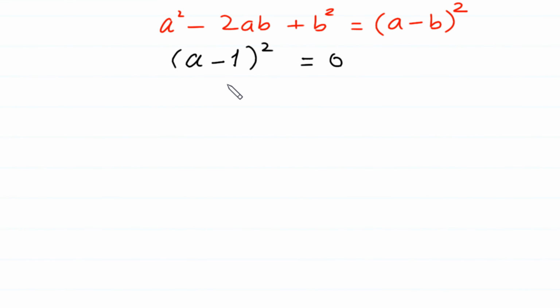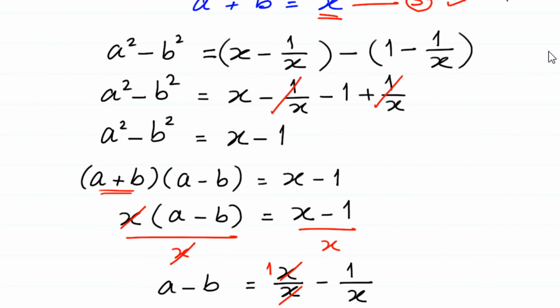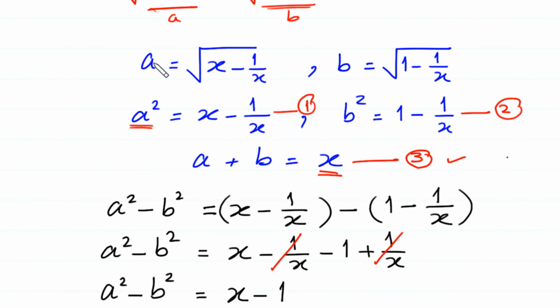Next, if we take a square root of both sides, then a minus 1 is equal to 0 and a is equal to 1. Now recall that we have supposed a is equal to square root of x minus 1 over x.